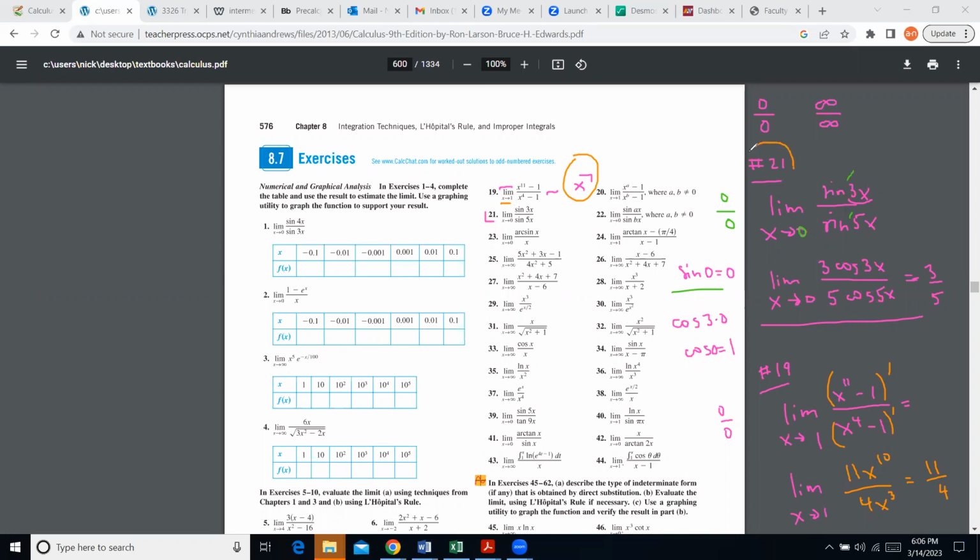Even though for a problem like 21 in Calculus 1, people usually utilize that special limit. This is the first special limit, sine x over x, right? But again, taking derivatives is an alternative, so you can definitely utilize it. So what is the alternative?